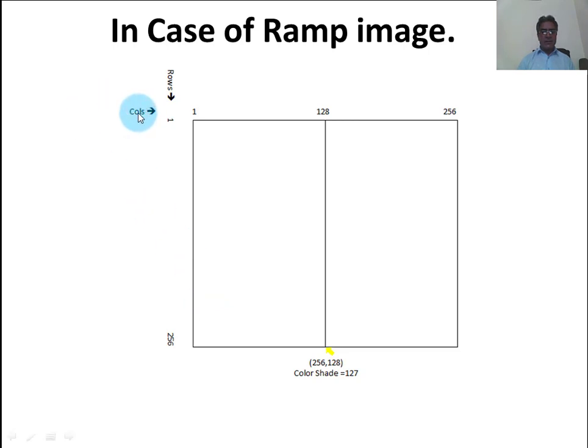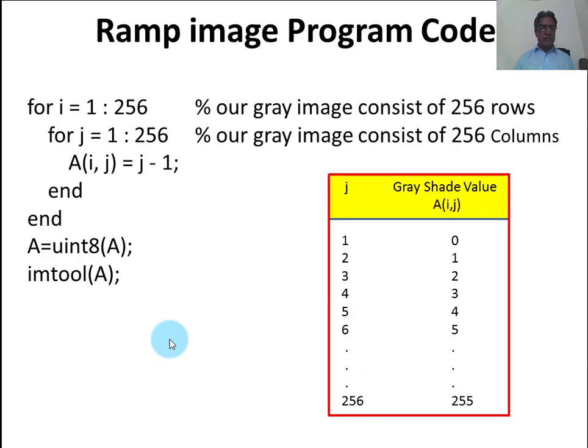You may see it here. We have number of columns, 256 columns, and number of rows, there are 256 rows. So we will use two loops in our program. The first external loop will control the number of rows, and the internal loop will control the number of columns. So here is the ramp image program code. This is our first loop.